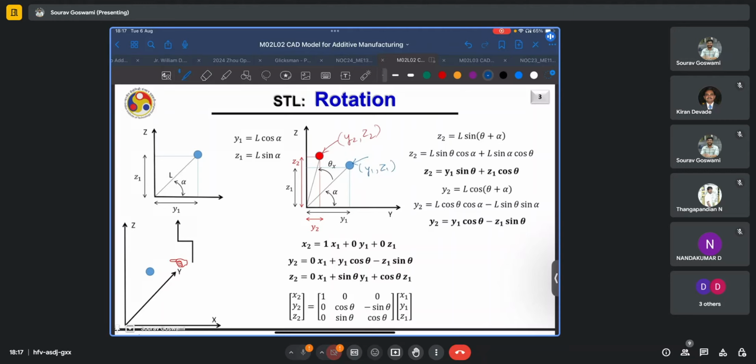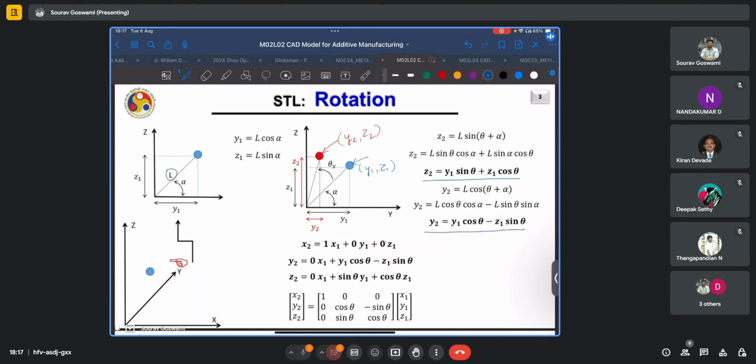For the second position, given that the length of this point from the center remains constant and it is only given pure rotation about the x-axis, z2 can be expressed in terms of y1 and z1 as z2 equals y1 sine theta plus z1 cos theta, theta being the angle by which this point is rotated over the x-axis from its initial position. Similarly, for the y coordinate, y2 equals y1 cos theta minus z1 sin theta.